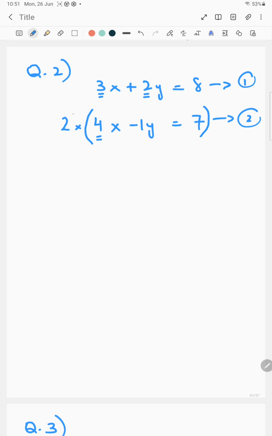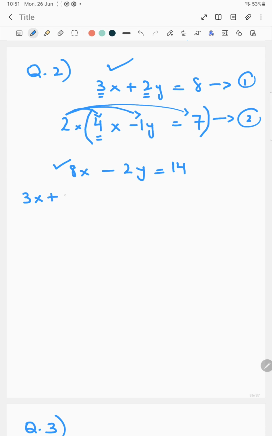So see, when I multiply this 2 with this number, this 2 with this number, and this 2 with this number, 2 times 4 is 8x minus 2 times 1 is 2y is equal to 2 times 7 is 14. Now I will write this one and this one together. So this is 3x plus 2y is equal to 8, the first equation.